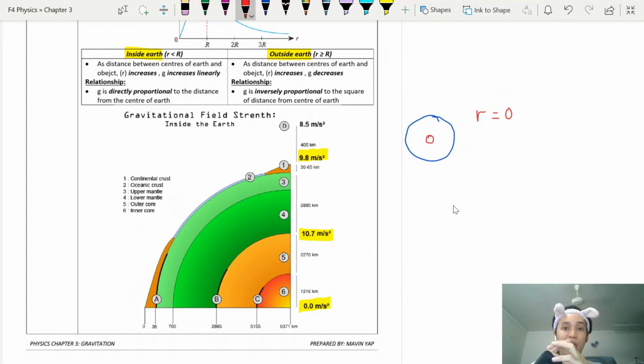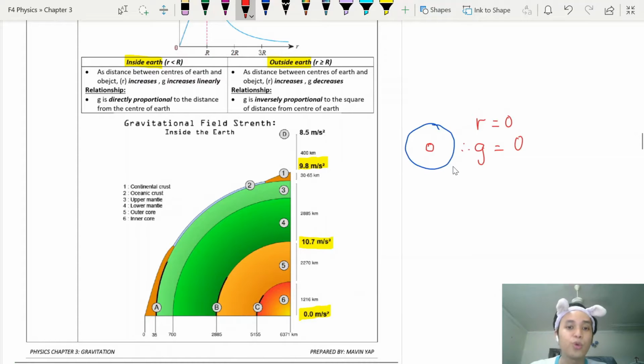They are overlapping. Since your r is 0, your gravitational acceleration also equals 0. So remember this: when the object is in the center of the Earth, your gravitational acceleration equals 0. This is the first thing that you need to know.